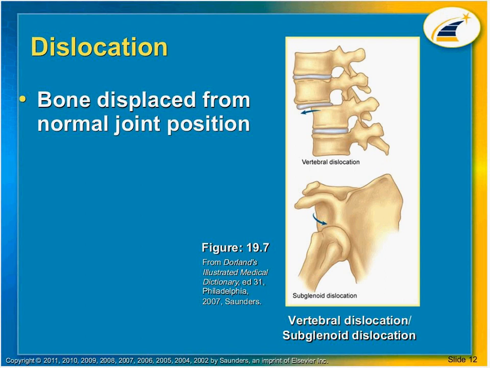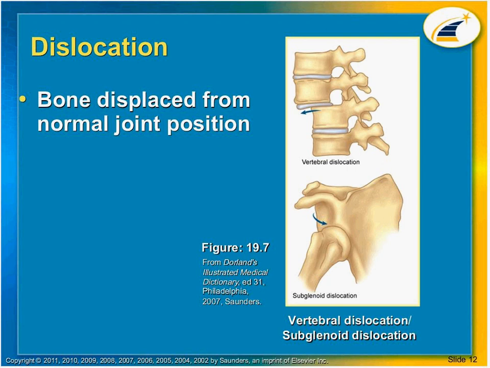So look at the figures that I have listed here. We have your vertebral dislocation, where one vertebra is out of alignment with the rest of them. You also have your pelvic and your femoral dislocation listed here.